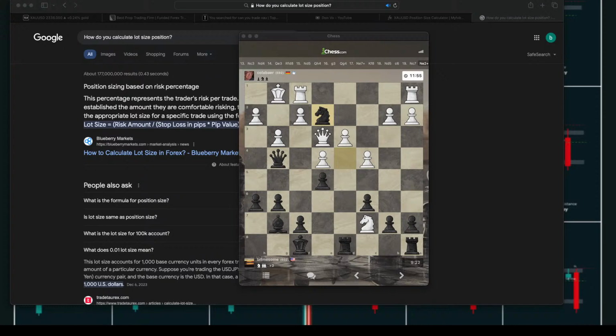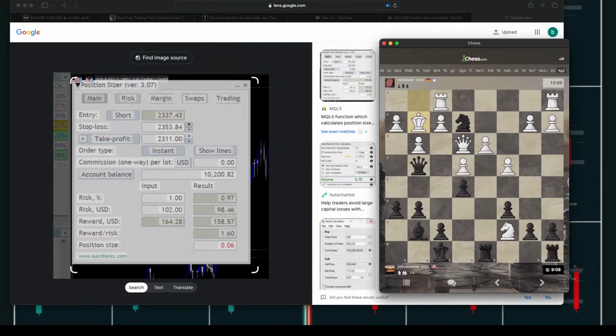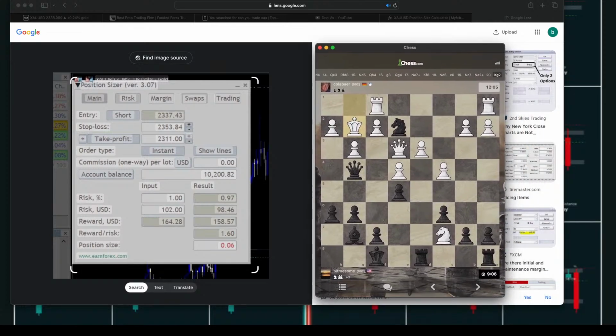Let's see. There was one of these things for MT5. Position sizer. Oh, what the hell? Yeah, like this right here. Oh, damn, it picked it all up.